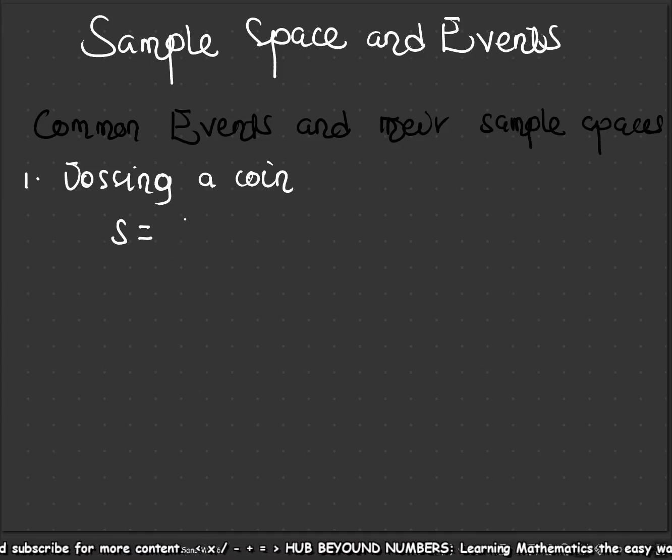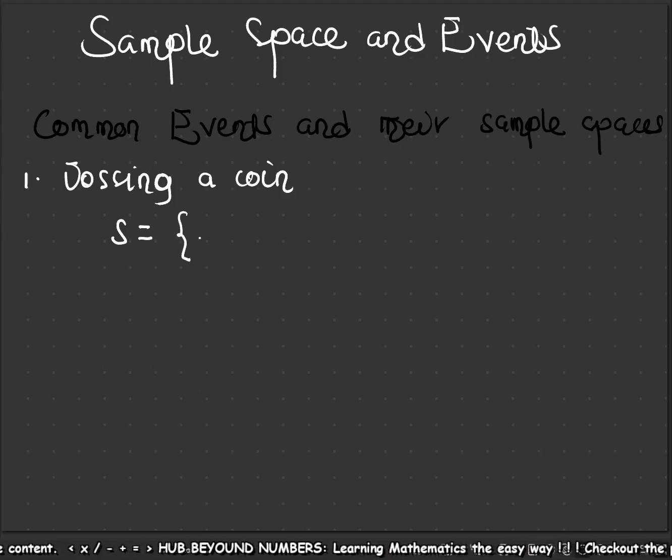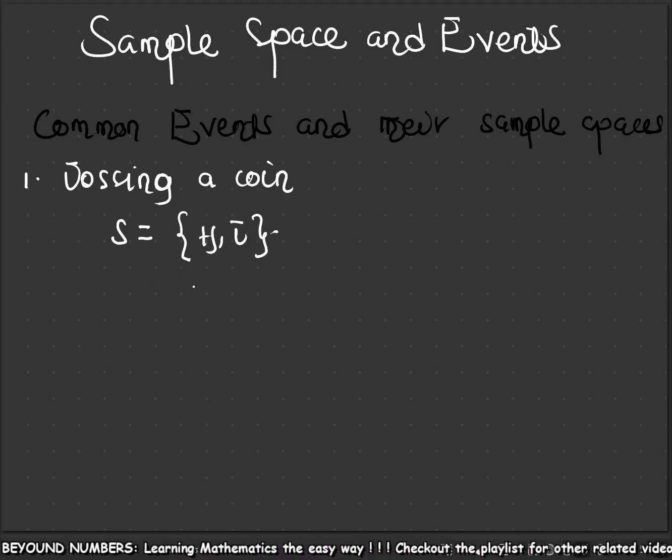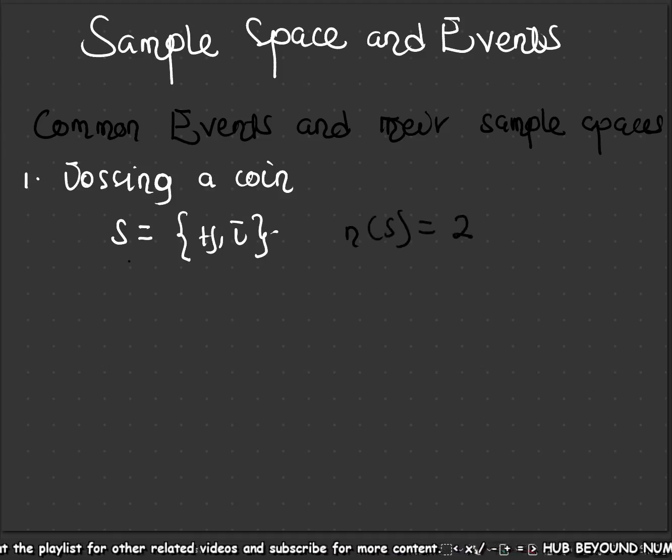So its sample space is just H, T, where H represents the head and T represents the tail. And with this, we can say the cardinality of this event is 2. It means it has just 2 elements.